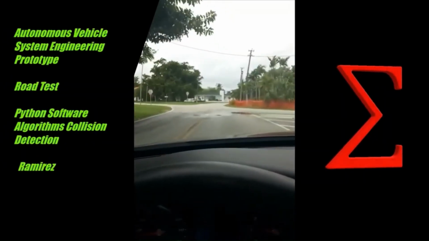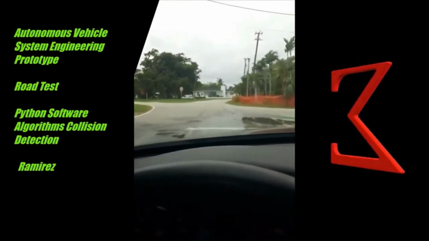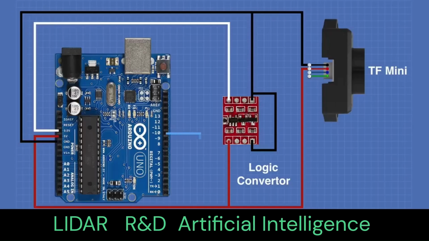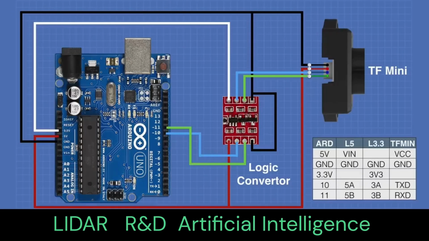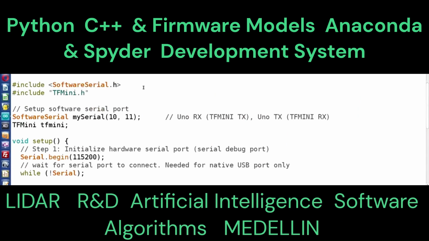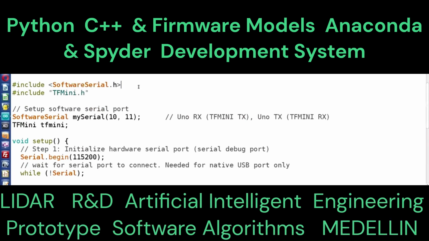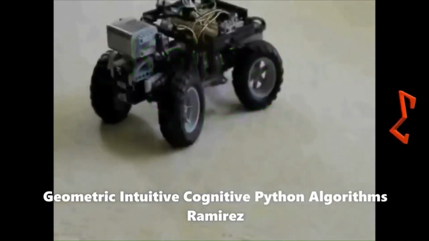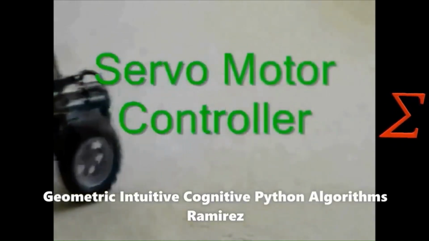Therefore, LIDAR, L-I-D-A-R, relies on the time delay between an emitted and reflected light pulse. In its simplest implementation, a pulse of laser light is emitted, and the resulting reflection from the scanned object is detected.